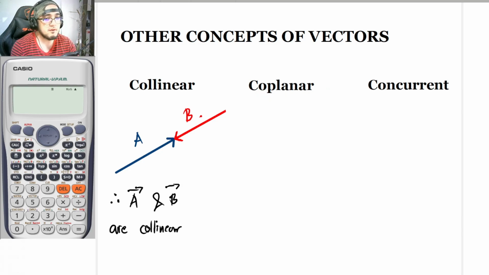For coplanar vectors, these are vectors which share the same plane. By the way, when you say collinear, they share the same line. For coplanar, these are vectors that share the same plane. So let us draw another imaginary plane here. Let's say this is your plane.